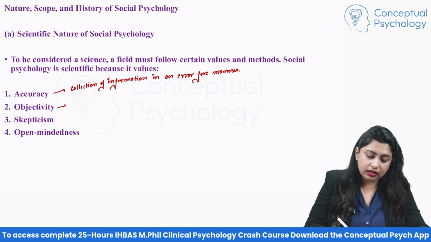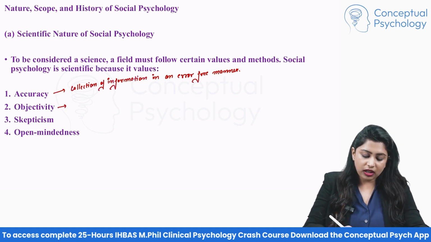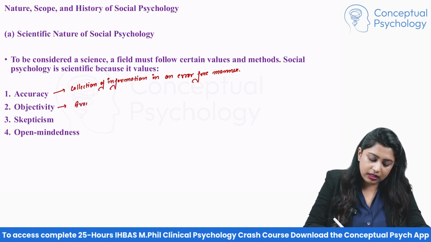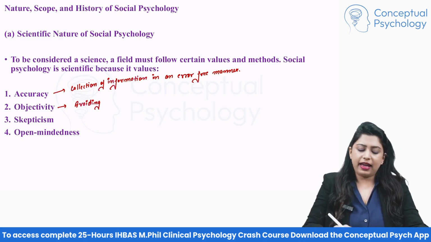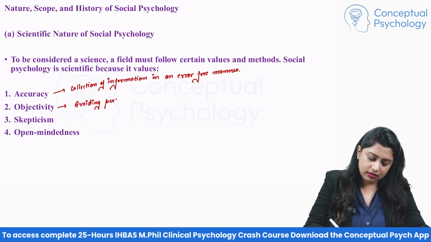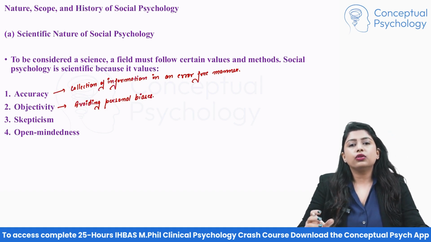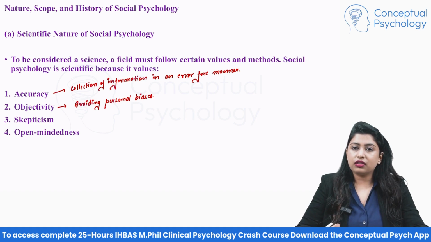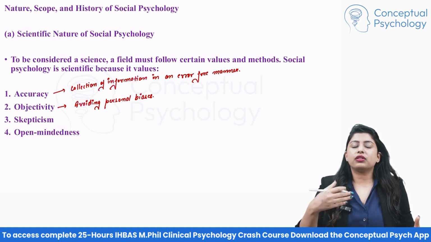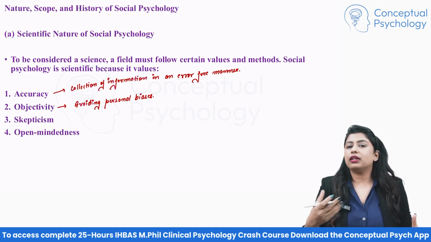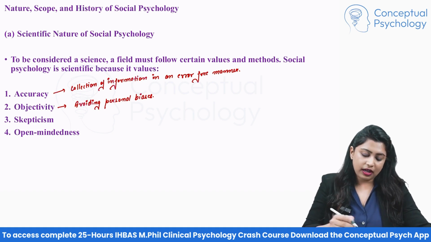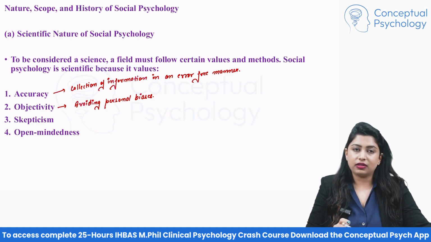Second is objectivity, which is avoiding personal biases. For example, not letting a researcher's own beliefs about gender roles affect how they interpret data. That is an example of objectivity.